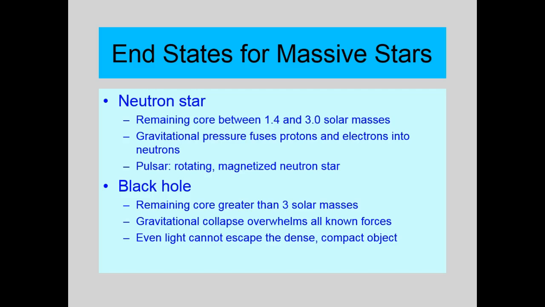Then the gravitational pressure of that last collapse, okay, not enough temperature is produced to do any more fusion, but the pressure is enormous, and it forces all of the electrons to crunch into the protons and become neutron stars. Okay? And it's got the same mass as where it was, just denser and smaller.